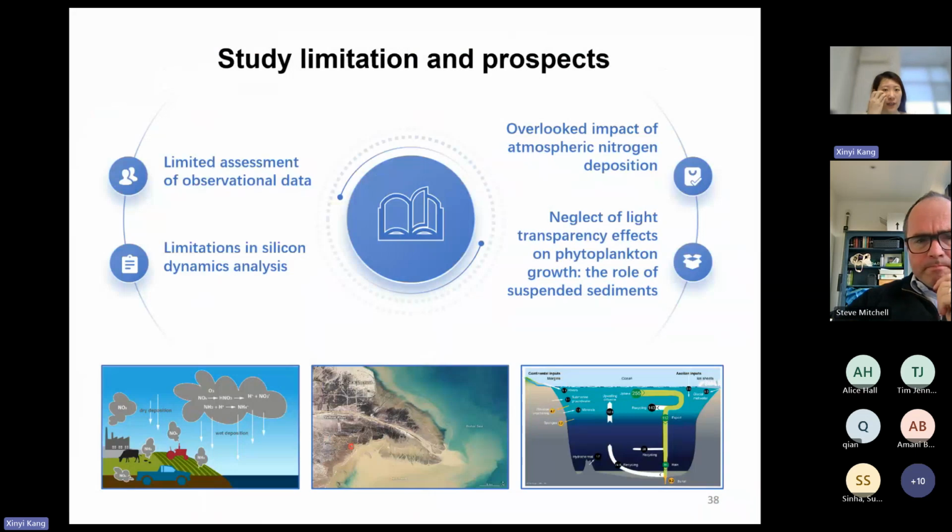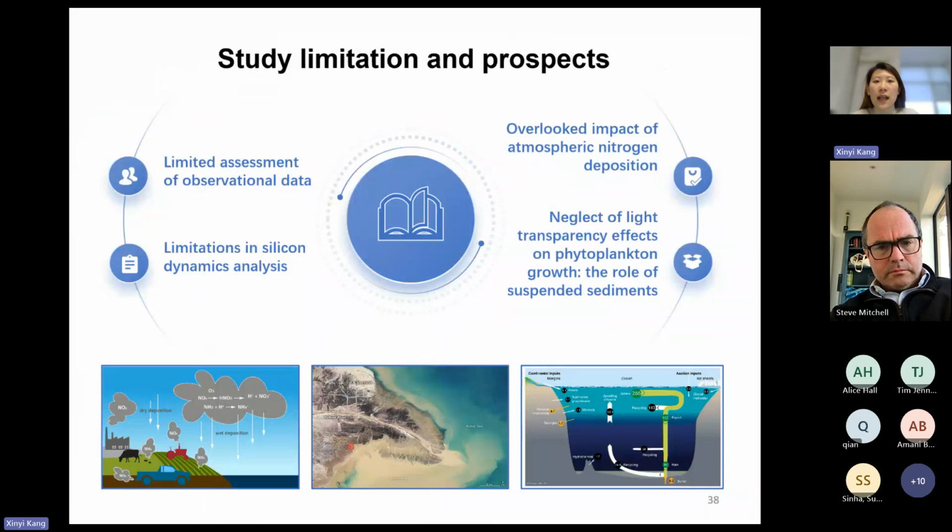And also for the second chapter, we also want to address some study limitations. The first one is that we do have limited observational data for assessment. And the second one is that even though diatom is one dominant group in Bohai Sea, we actually haven't focused on the silicon dynamics in this study area.